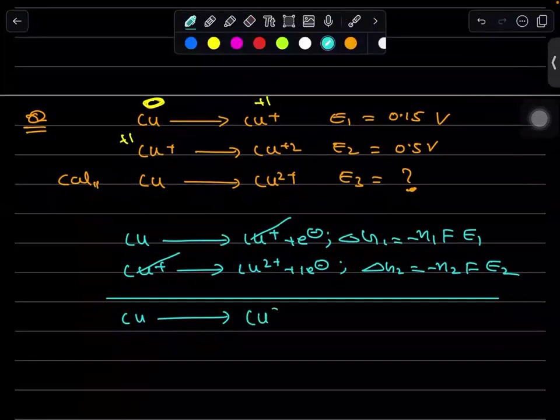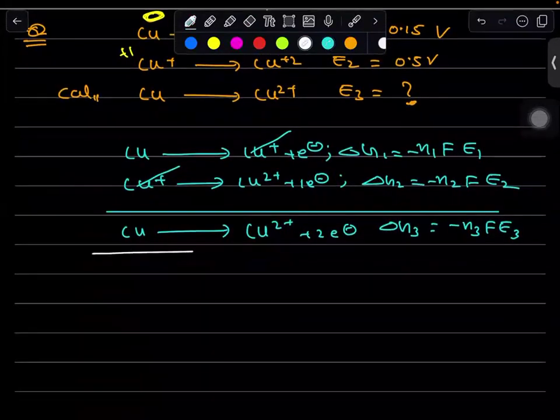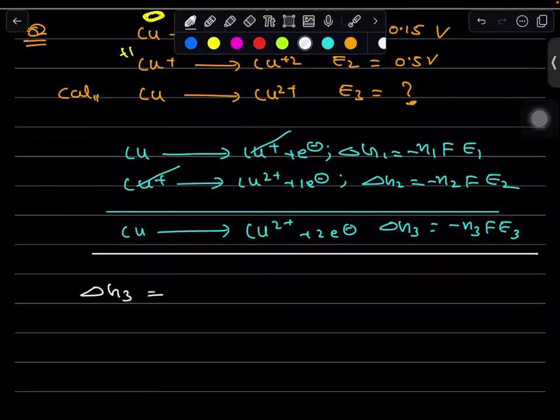Look here, see. From this, del G3 is equal to del G1 plus del G2, right?